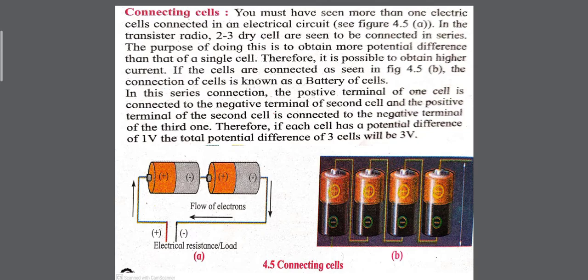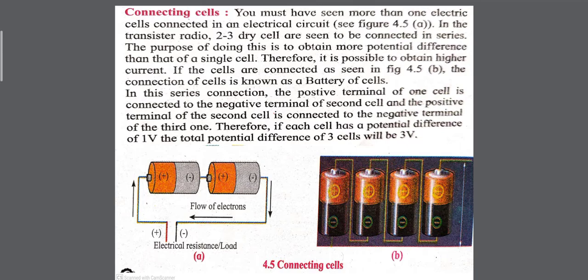So in figure 4.5b, four cells are connected with each other. When more than one cell is connected with each other, this type of connection is known as a battery of cells. In this series connection, the positive terminal of one cell is connected to the negative terminal of the second cell, and the positive terminal of the second cell is connected to the negative terminal of the third cell, as shown in figure 4.5b.